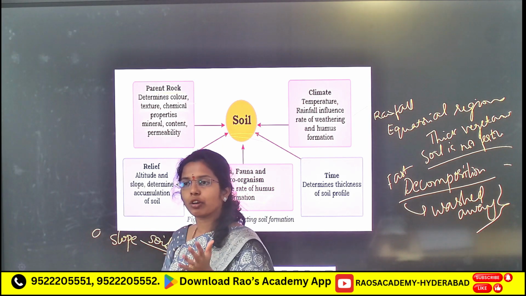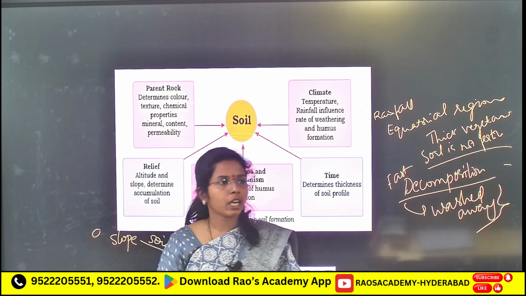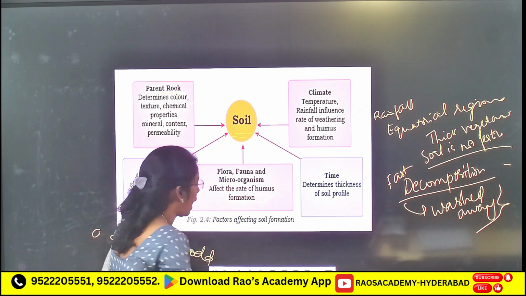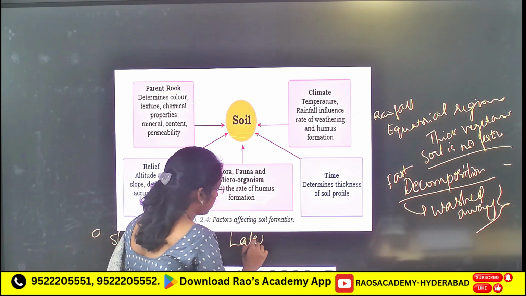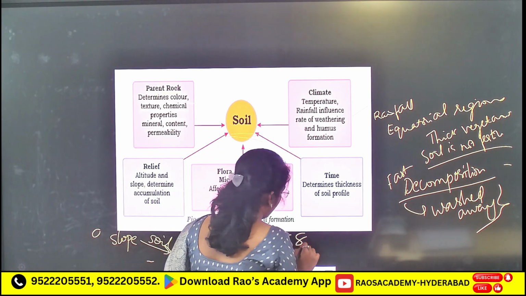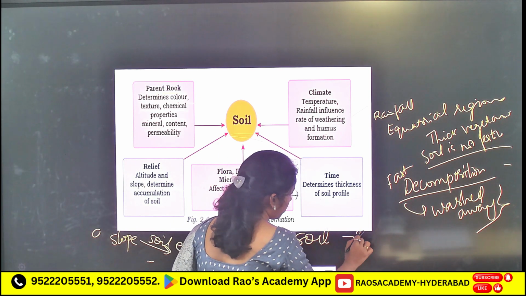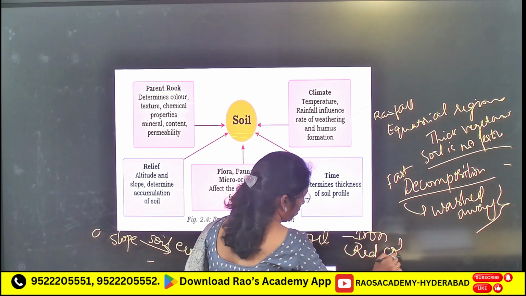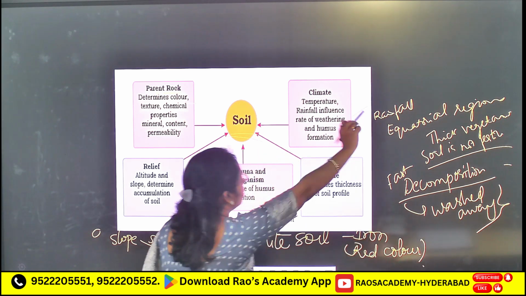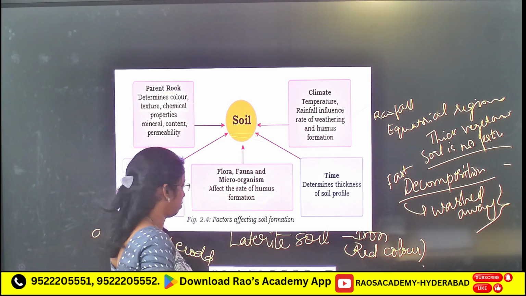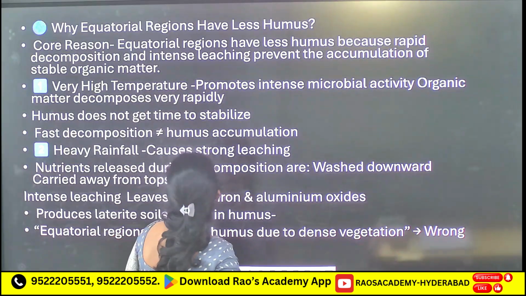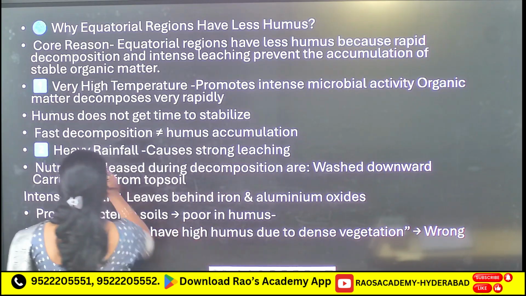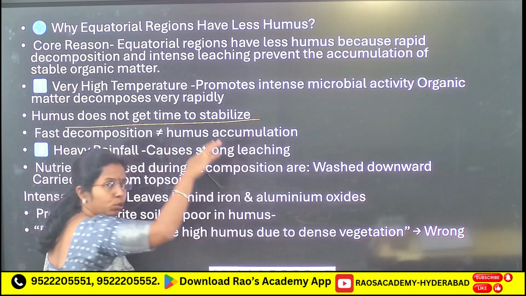Leaching happens. Because of this leaching, you will see laterite soils, rich in iron oxides, red color. Humus does not get time to stabilize.